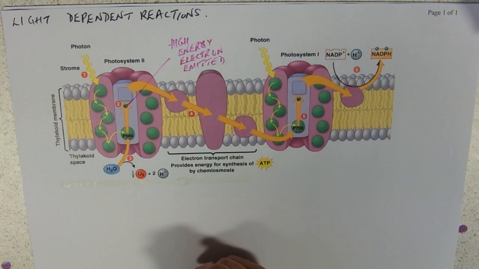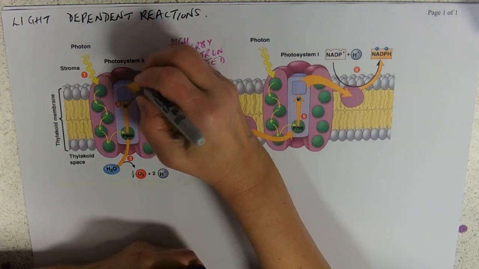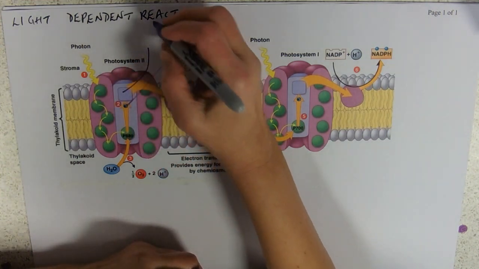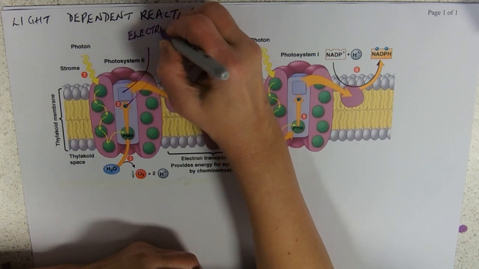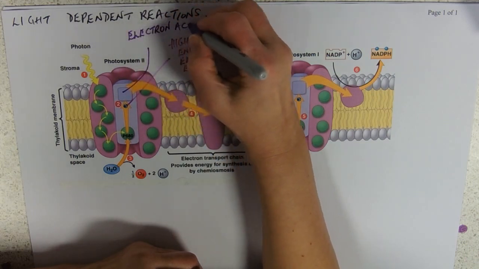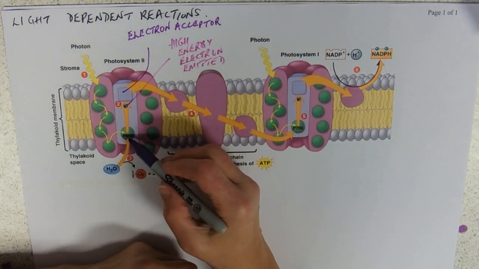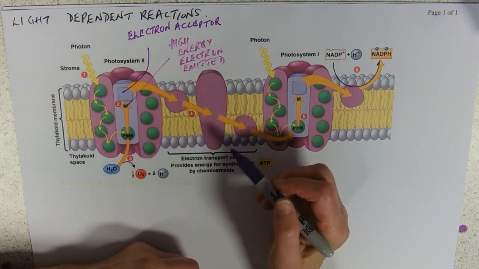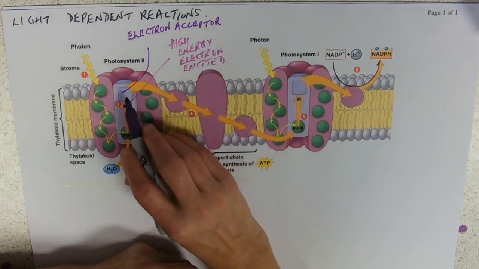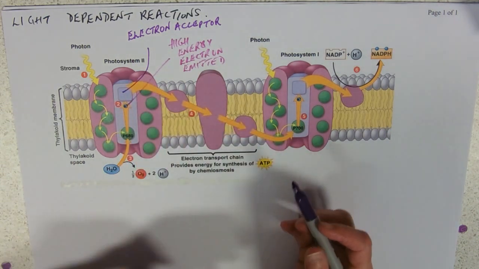It is going to an electron acceptor, something that accepts electrons. So the chlorophyll A is emitting a high energy electron, and that's being picked up by our electron acceptor, which is then going to pass it on to other electron acceptors.